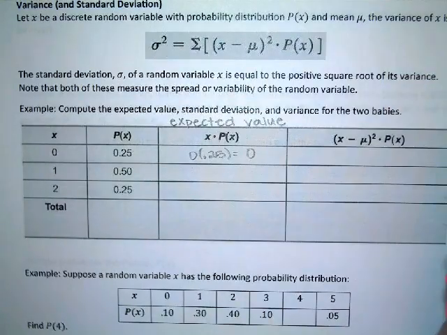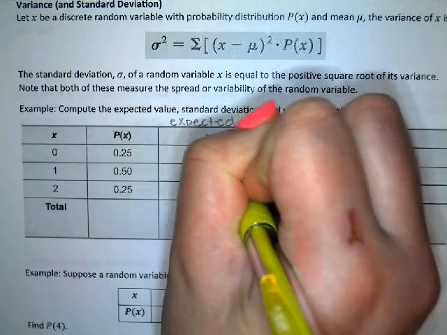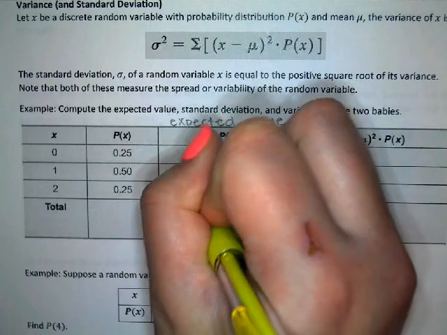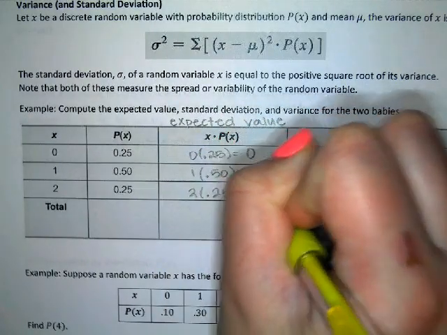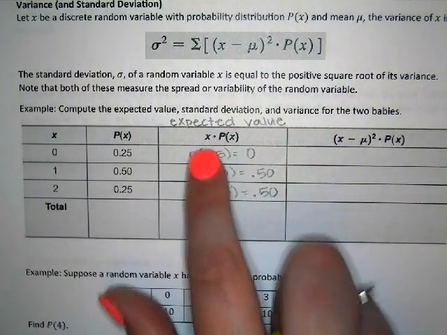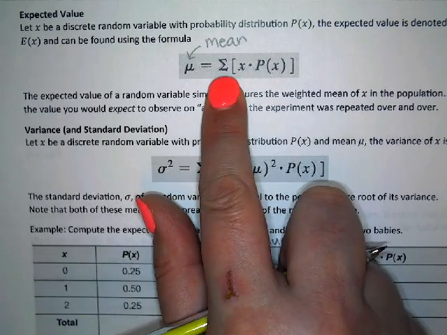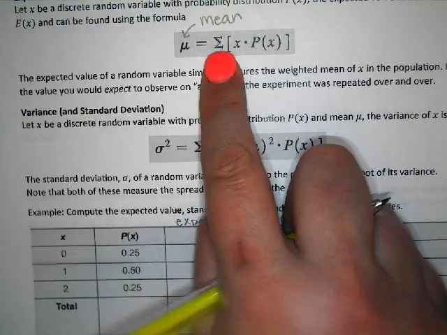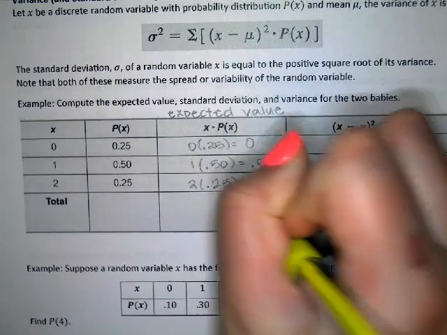This one is going to be 1 times 0.5, which is 0.5, and this one is 2 times 0.25, which is also 0.5. All right, and so we've calculated each of these individual values, and then it says to find the expected value or to find the mean, we just add those values up, we sum them. So add them up and I get 1.00. So that's the value of mu.